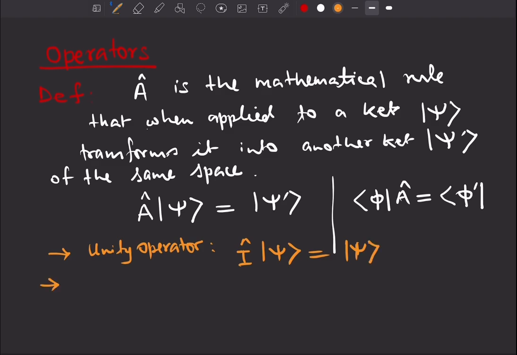Next is the parity operator. If the parity operator P cap is applied on any function psi of r, then it transforms it into psi of minus r.